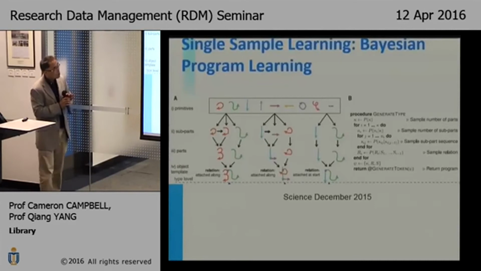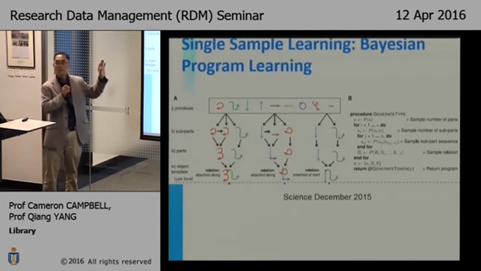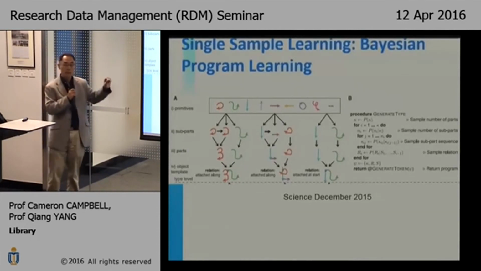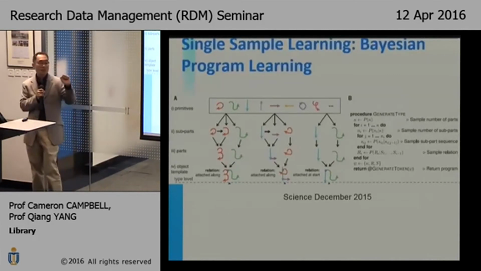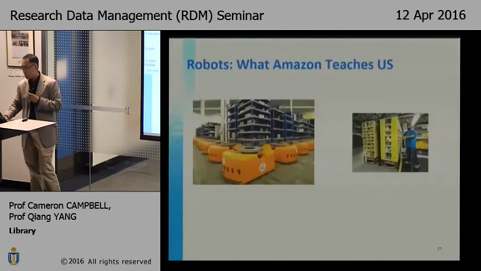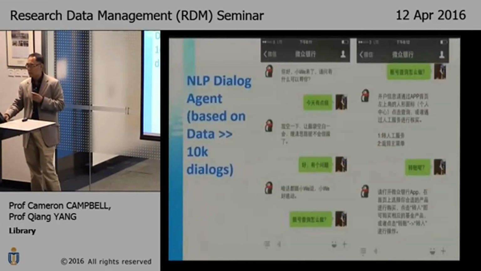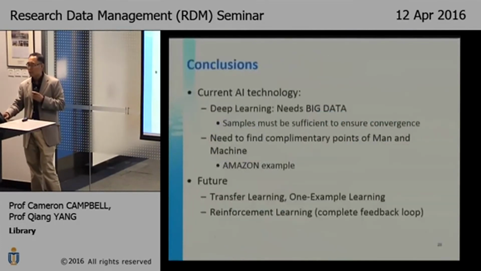And there are also works that allow you to use a single example. So this is another example of transfer learning. Once you transfer and have a very strong prior in statistics, you don't need that many examples anymore. Okay. Anyway, here are a few more examples that I don't think I have time to go through.